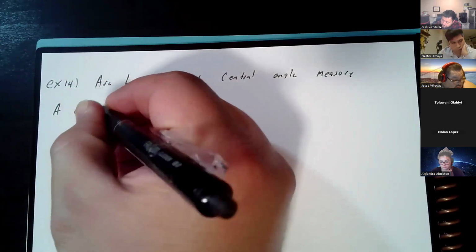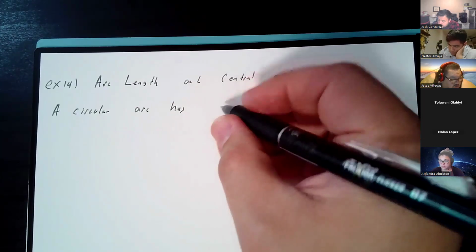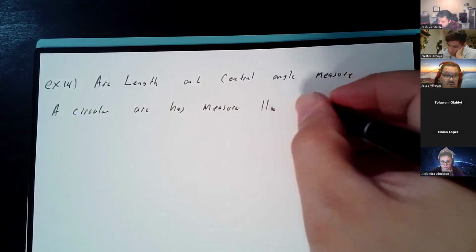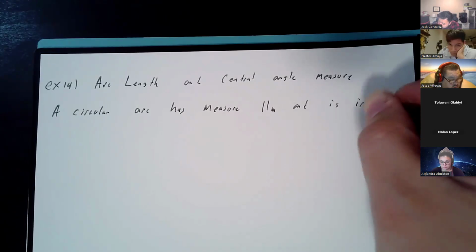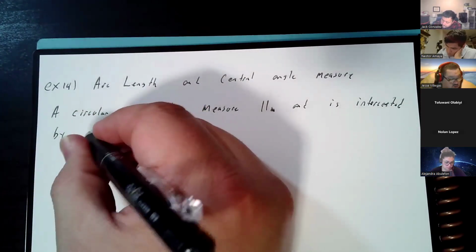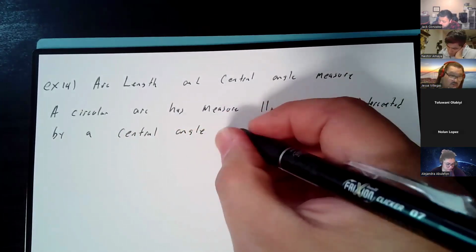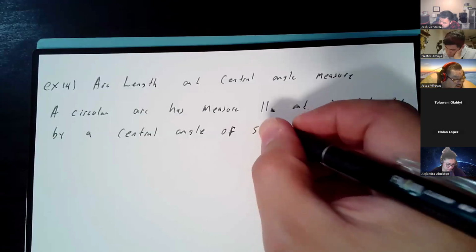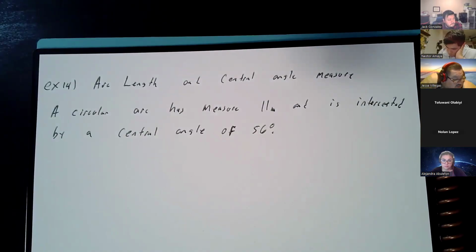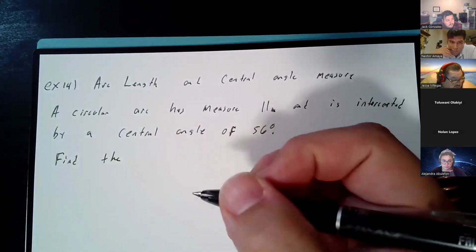So a circular arc has measure 11 meters and is intersected by a central angle of 56 degrees. Find the radius r.